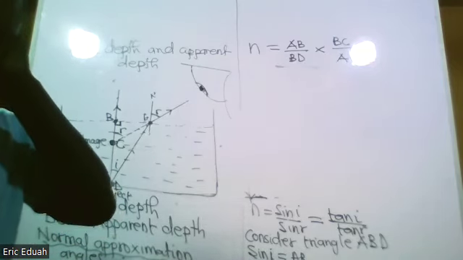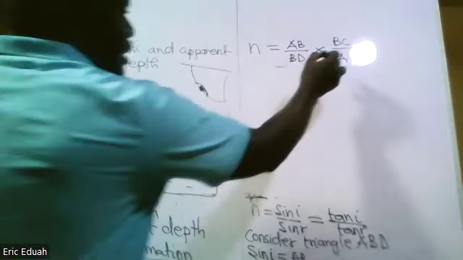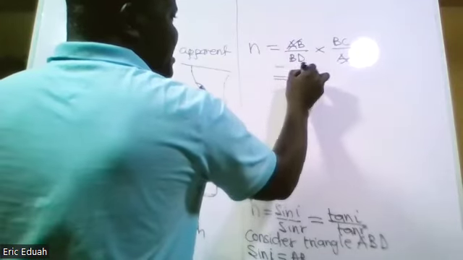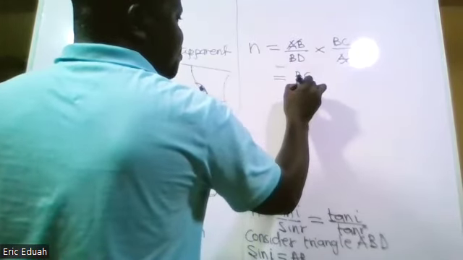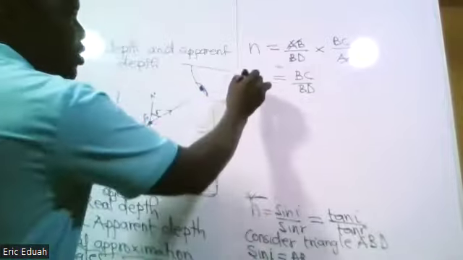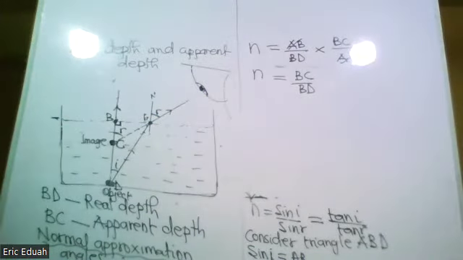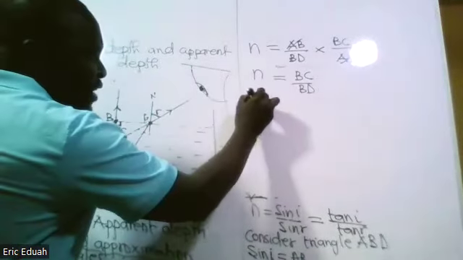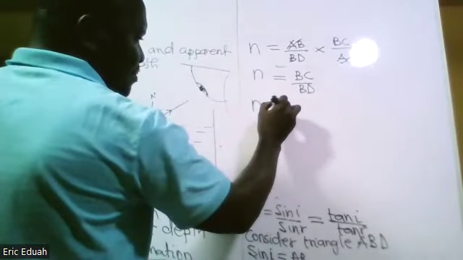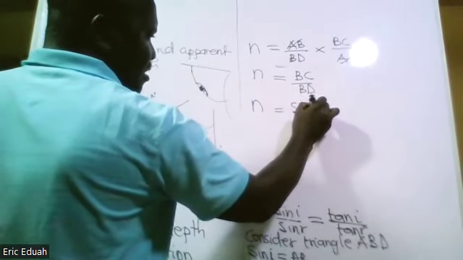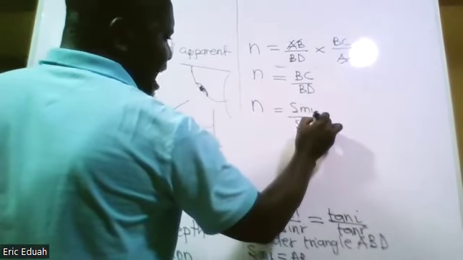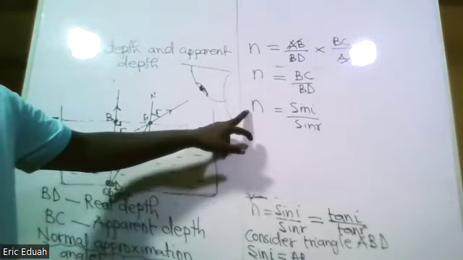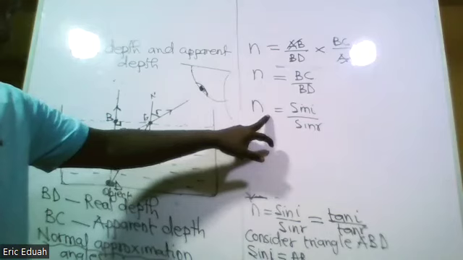Okay, so this and this cancel, and we have BC over BD. Now, look at this refractive index thing. If you take refractive index as sine I over sine R, then it means we are moving from air to a denser medium.